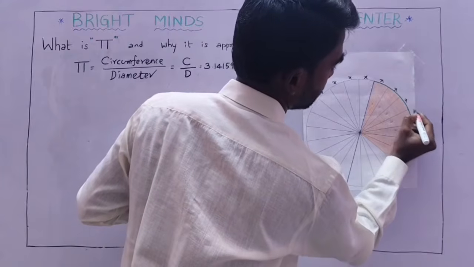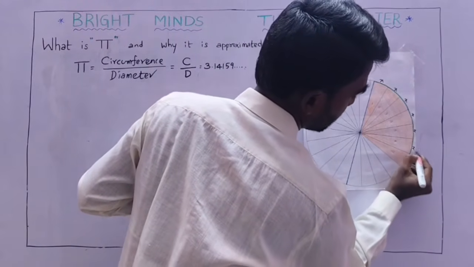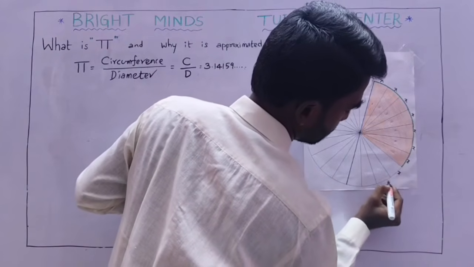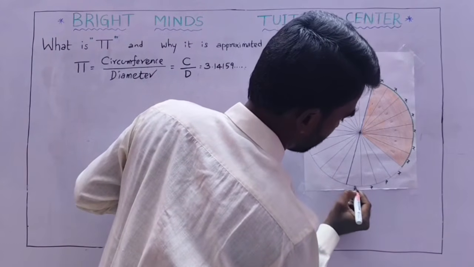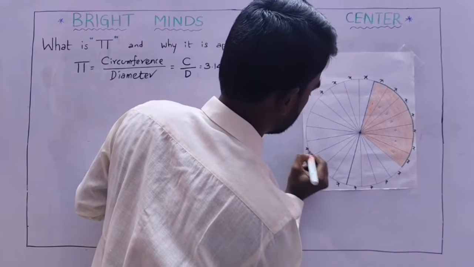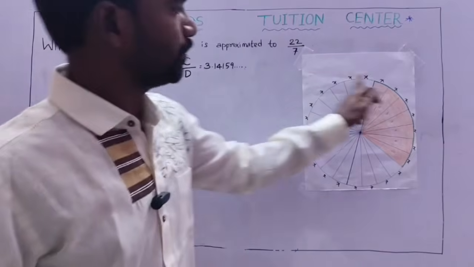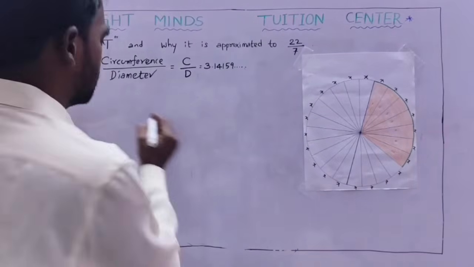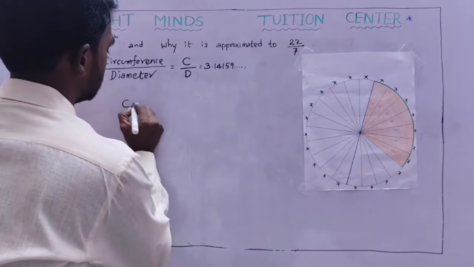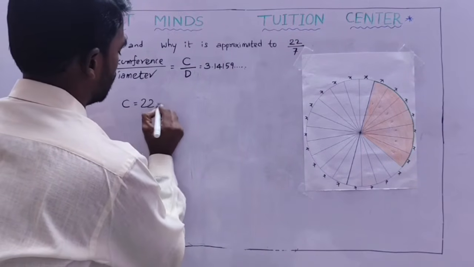We are assuming that each part's circumference is x. Then what will be the circumference of this circle? Here, how many parts? 22 parts. Then circumference C is equal to 22x.